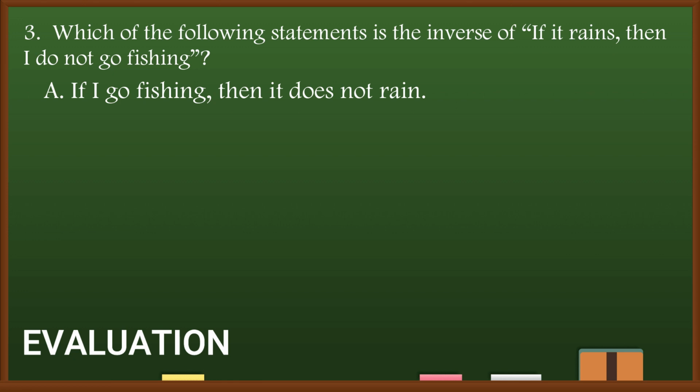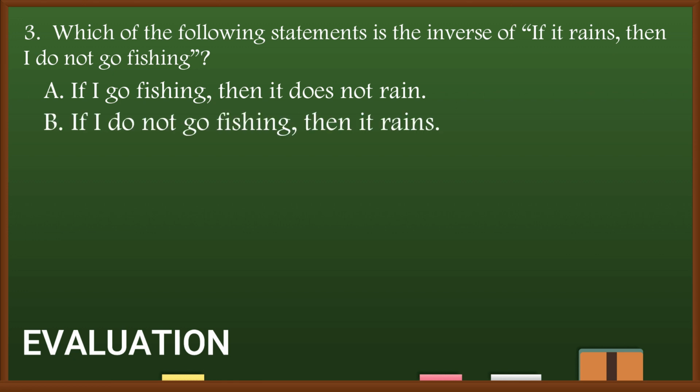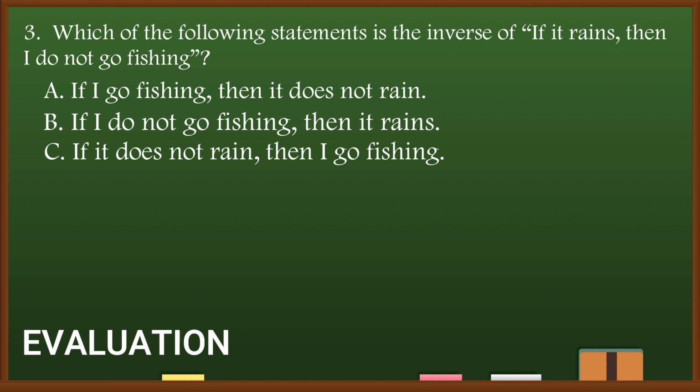Letter B. If I do not go fishing, then it rains. Letter C. If it does not rain, then I go fishing. And letter D. If I go fishing, then it rains.